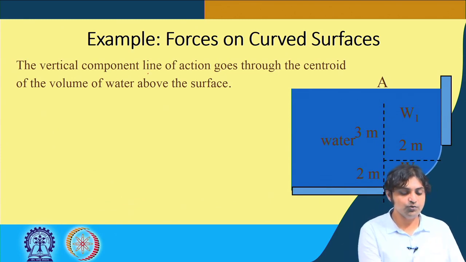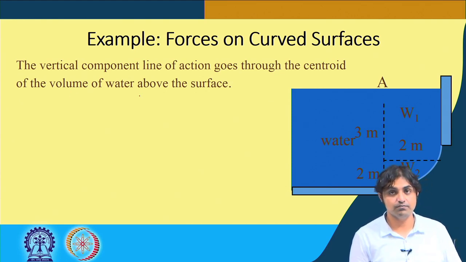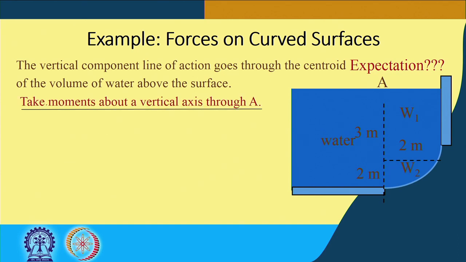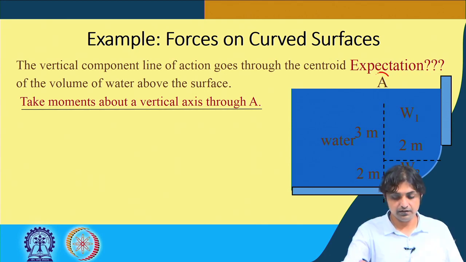The vertical component line of action goes through the centroid of the volume of water above the surface. Okay, and that is very well understood. So this is A. Now we have to take moments about the vertical axis through A here.